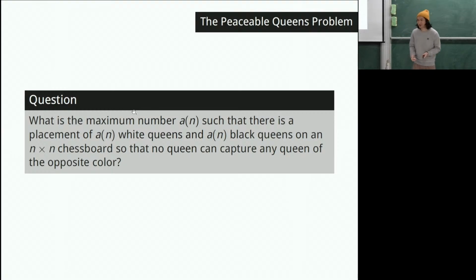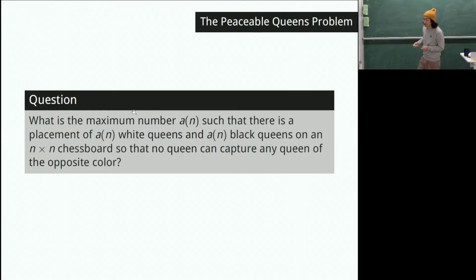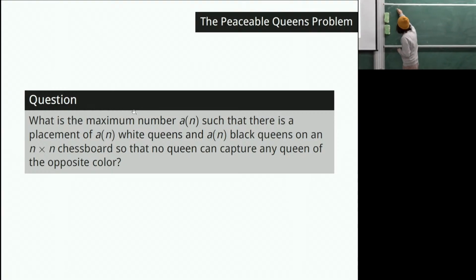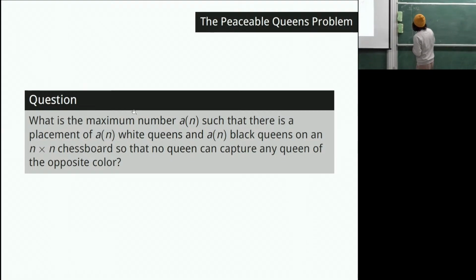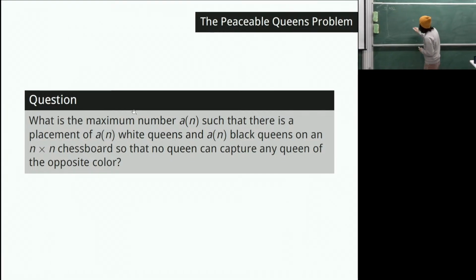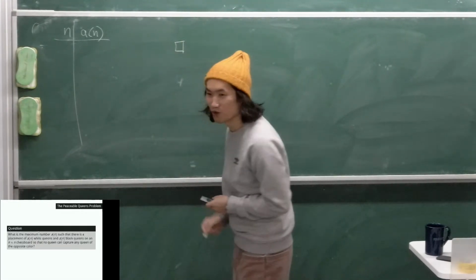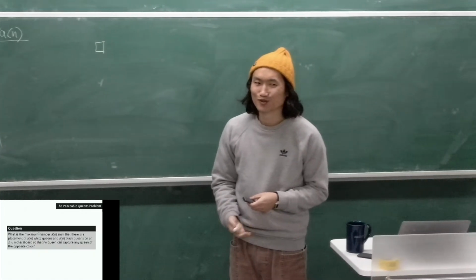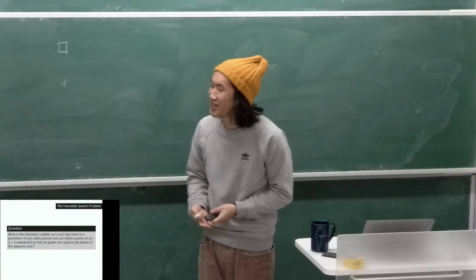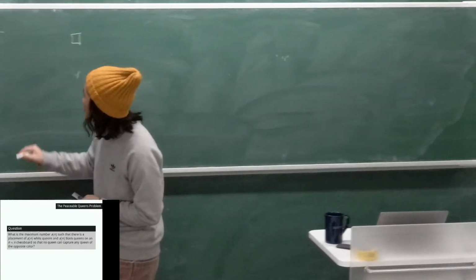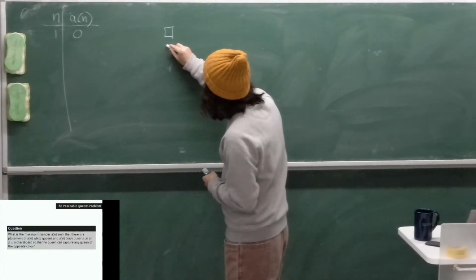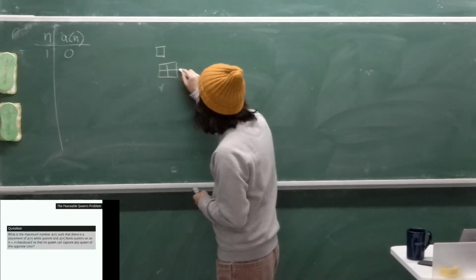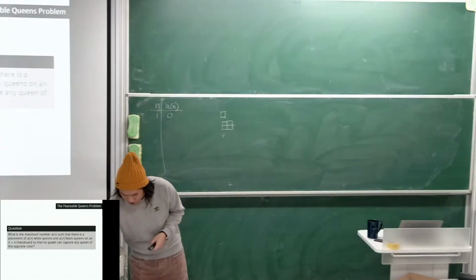All right, so let's compute this number for some small values of n. So we have n, and we have a_n. The smallest case is a 1-by-1 board. In a 1-by-1 board, you can't even fit the queens on, so for n equals 1, the answer is 0. Let's move to the 2-by-2 board. Maybe I'll use red and blue.